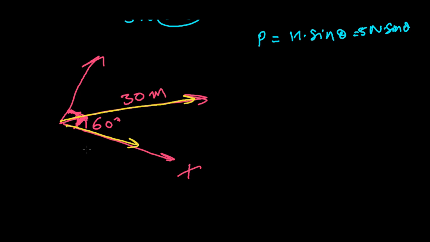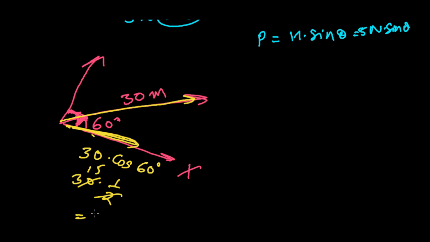As I told you, h cosine of theta, it means 30 cosine of 60 degree. So 30 is 30, and cosine of 60 is 1 over 2, so 2 times 15. So this side we get actually 15 meter. This is a displacement vector, keep in mind.